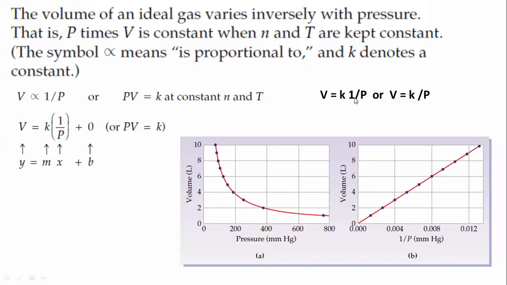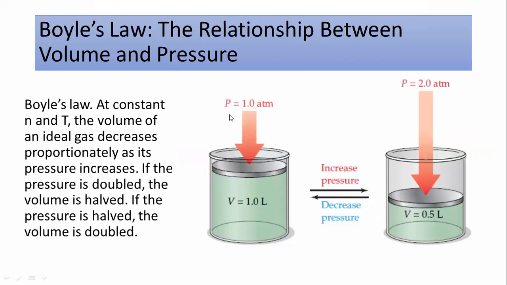Or you can simply write V equals k divided by P. Now you can also calculate k: P is dividing in the denominator, so it is going to multiply over here. So your k will be equal to pressure times volume. And remember, this condition must be at constant temperature. Then you can establish this relationship that I have explained.